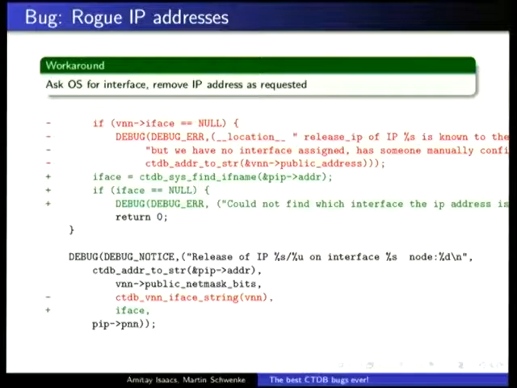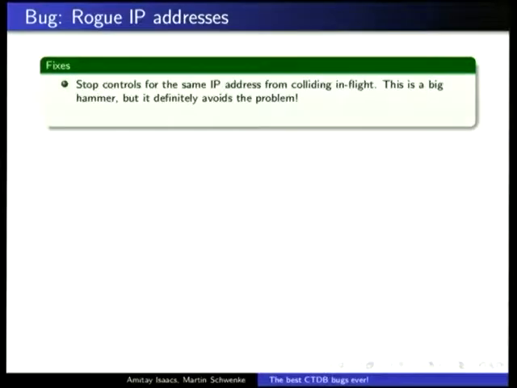And there's a simple workaround here. If you do notice this happening, instead of saying, I don't have a record of what interface this IP address is, you ask the operating system and you try to remove it. That's nice and straightforward. And there are some other fixes. You know, there's a big hammer. You put in a lock, basically. When you're running one of these things and another one comes in, you just go, no, go away.